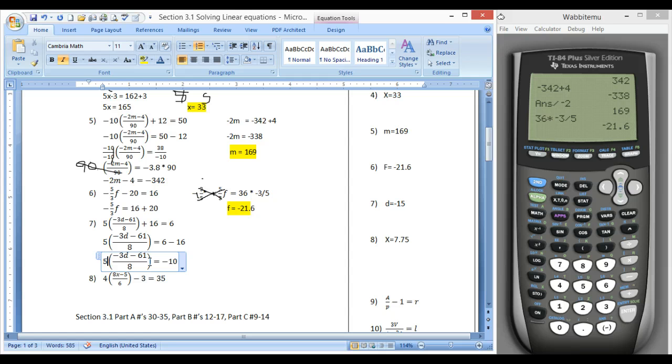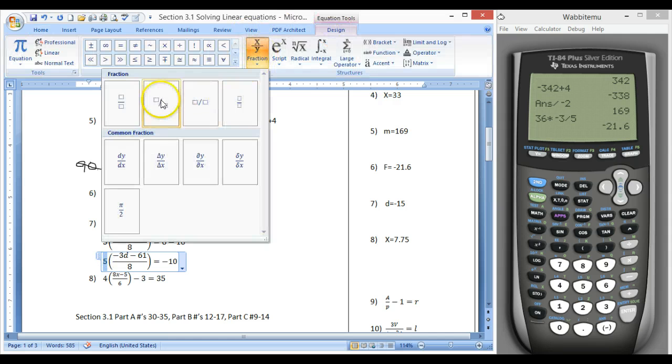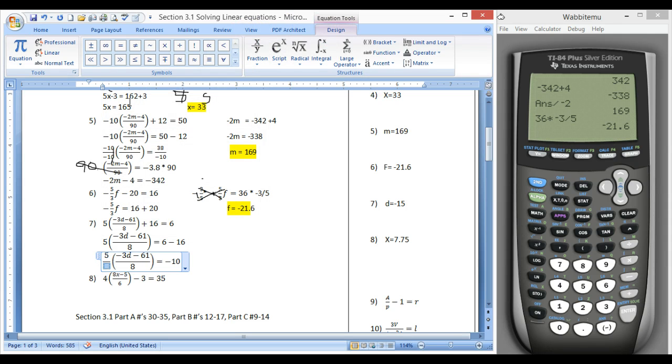That 5 is being multiplied by those parentheses, so to get rid of it, I need to divide. So I'm going to divide this by 5, which means I also need to divide this one by 5. Over here on the left-hand side, that will cancel out. On the right-hand side, negative 10 divided by 5 gives me negative 2.